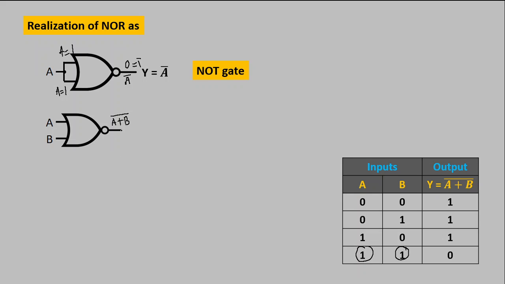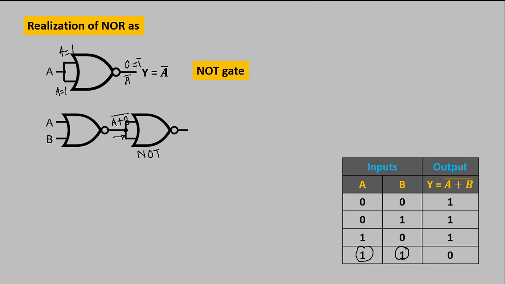Now this complement of A plus B will be given as an input to another NOR gate which is connected in this fashion. Now you can see that this diagram, second diagram, is nothing but a NOT gate, right? This NOR gate connected in this fashion acts as a NOT gate, which we have seen in the previous example. So therefore whatever input is present at this will be complemented at the output side.